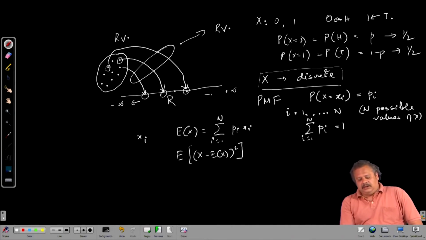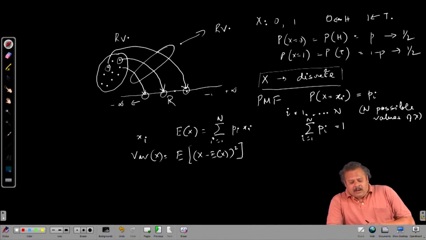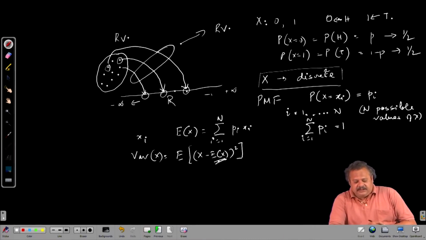This is the variance of the random variable x. So once we have the PMF, we can get the expected value or average value of a variety of different functions of the random variable x, of which one is variance.